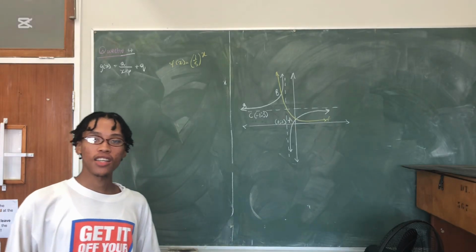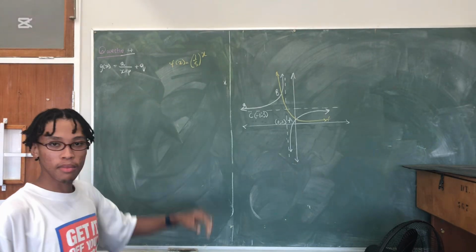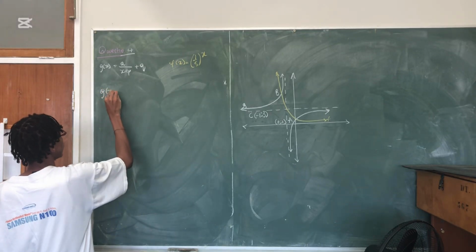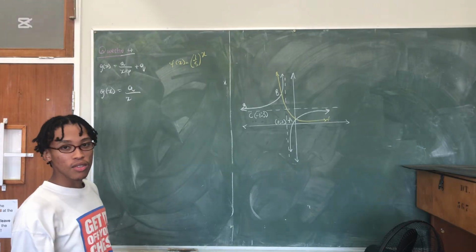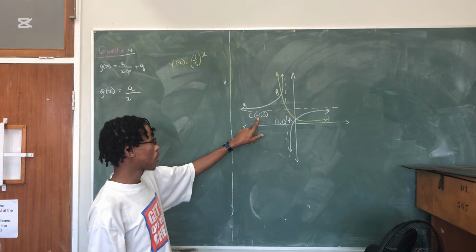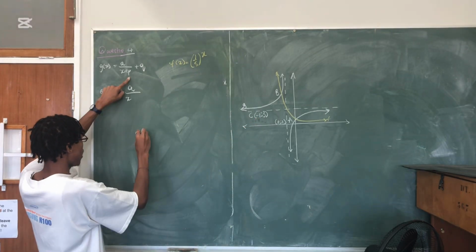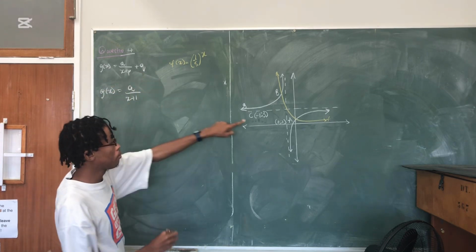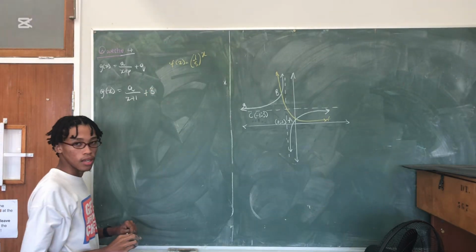The second question is asking us to determine the complete equation of g of x by finding a, p, and q. We're already given the values of p and q from the function. These are the coordinates of the asymptote, where x is -1. The x can be written here as x plus 1, and then q becomes the y value plus 3.